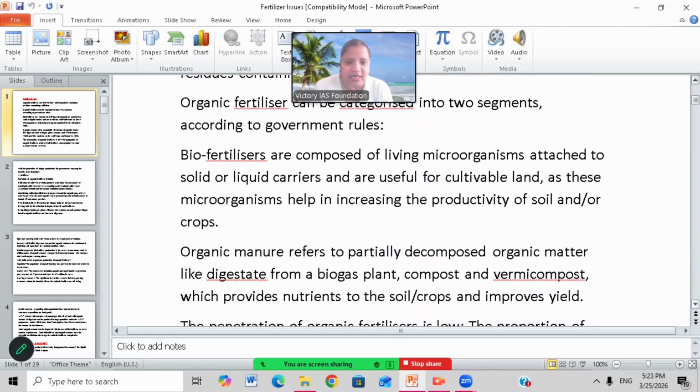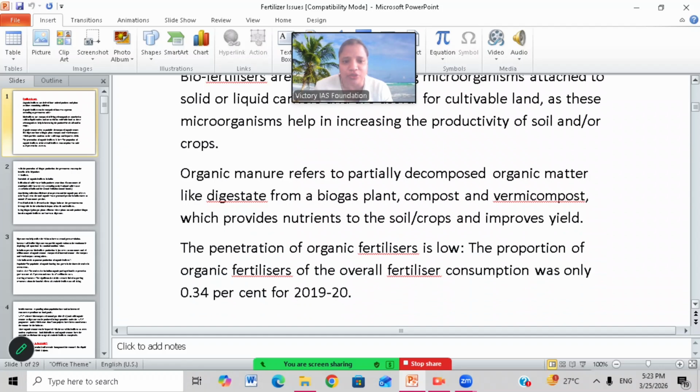And organic manure, the second thing, refers to partially decomposed organic matter like digestate from biogas plant, compost, vermicompost, which provides nutrients to the soil and improves the yield. So this is decomposed matter, not directly the microorganism.